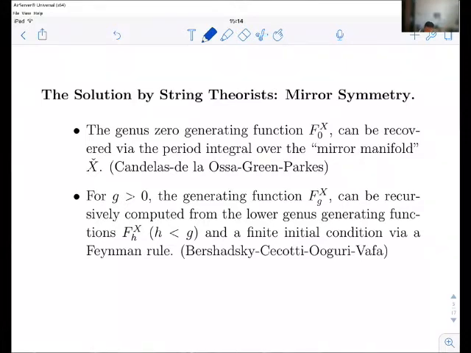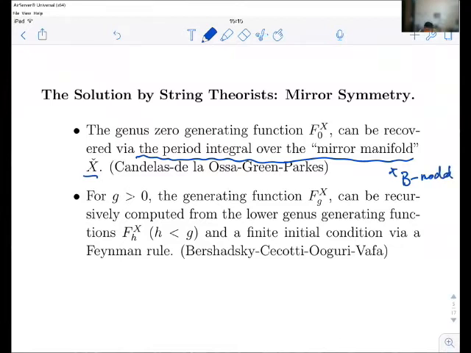In the 1990s, Candelas and his collaborators introduced the so-called mirror symmetry conjecture, which says that you can recover this genus zero generating function from some B model. This B model is the period integral over some mirror manifold X check.